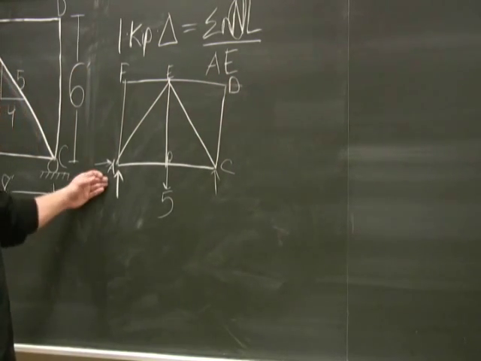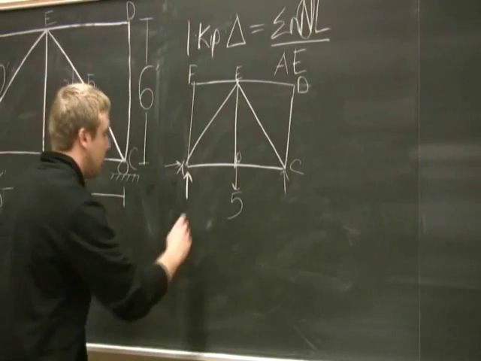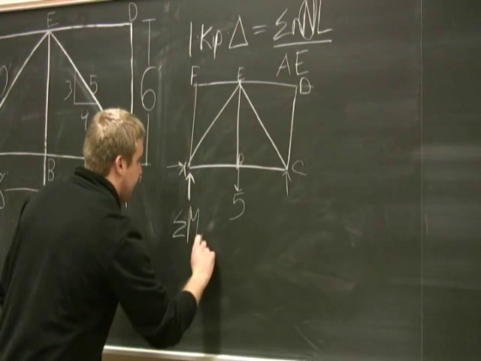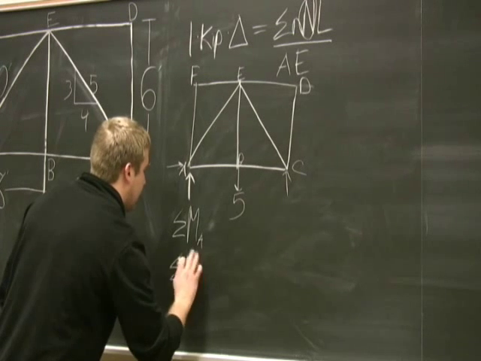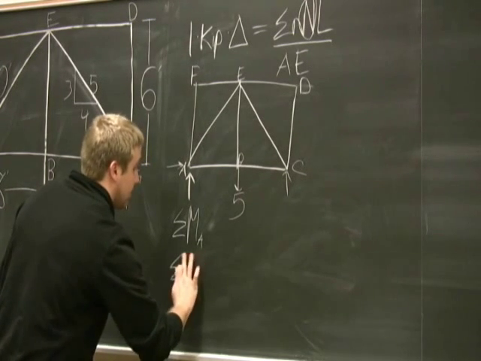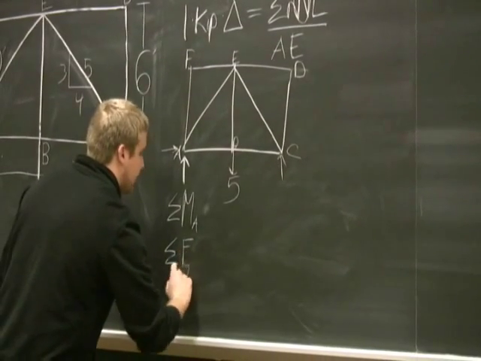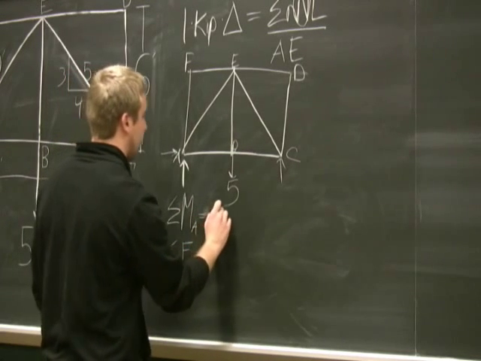Now, to find our reactions at our supports, we'll use 2 equations. We'll use the sum of the moments about A, and then we'll also use the sum of the forces in the y direction, the vertical direction. So the sum of the moments about A is equal to 0.